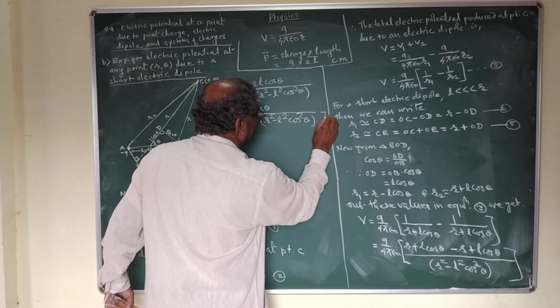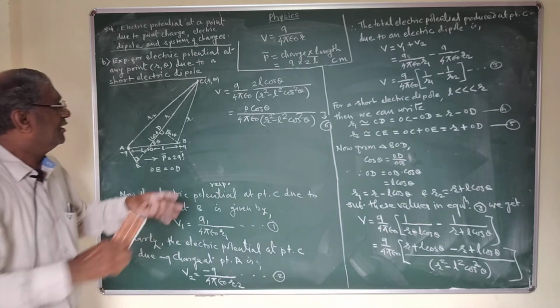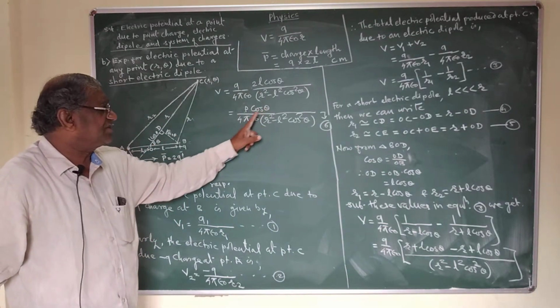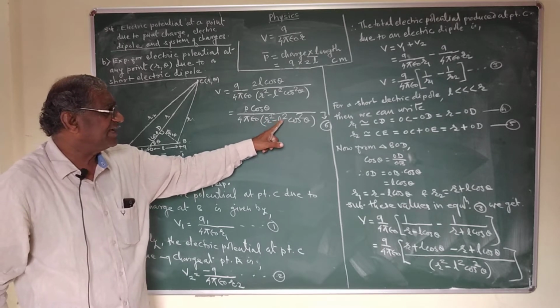Equation number 6: V is equal to P cos theta upon 4 pi epsilon 0 in bracket R square minus L square cos square theta.